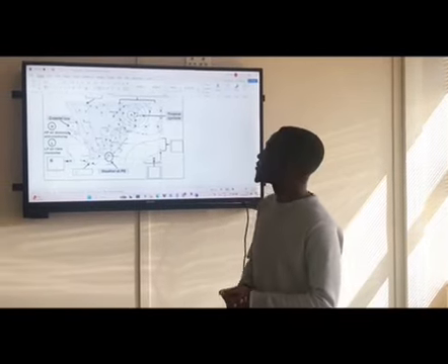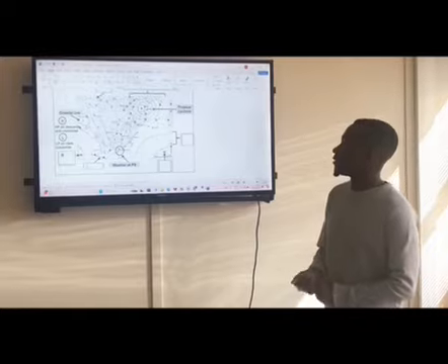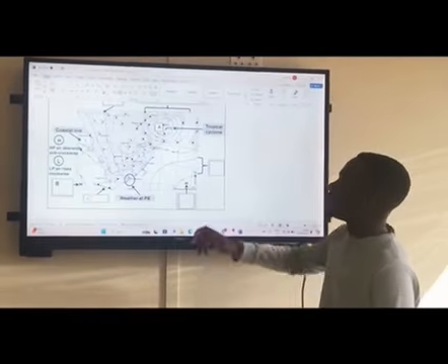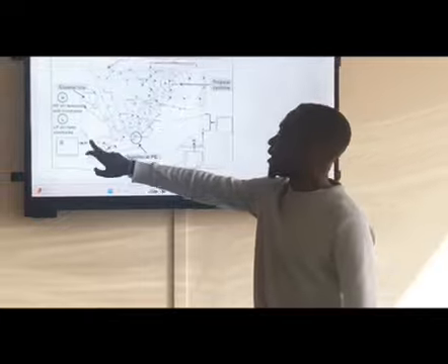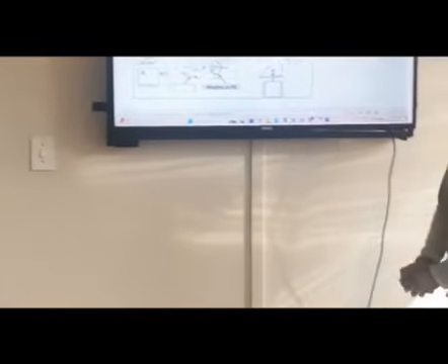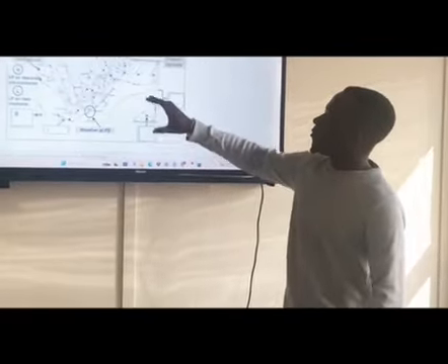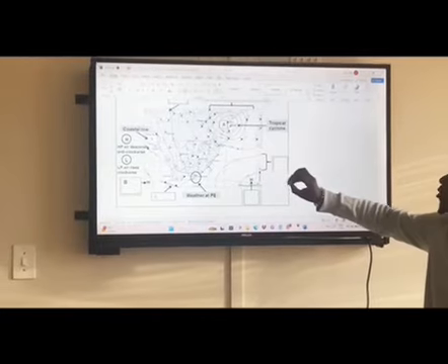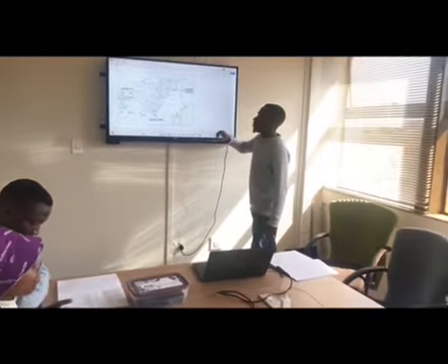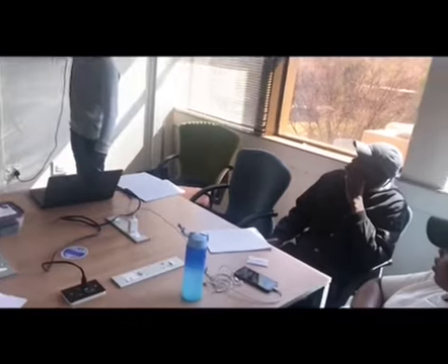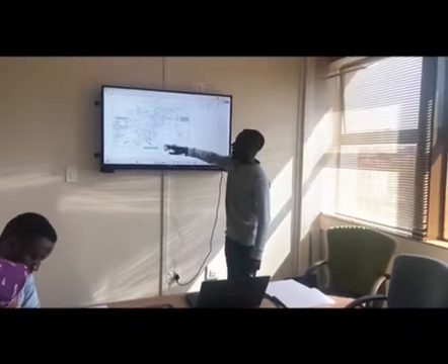Okay, let's look at the synoptic weather map first. We have the low pressure cell and the high pressure cell. If you want to check whether this is a low or a high pressure cell, we have to focus on checking the pressure here.